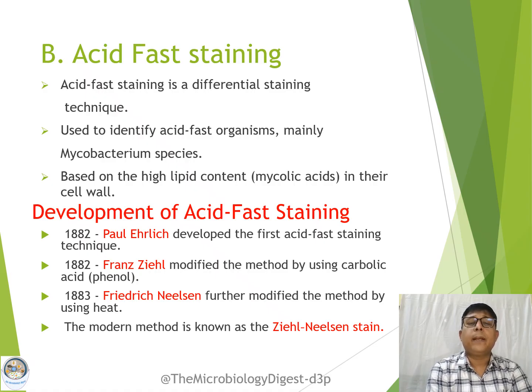If we go back to the history of this staining method, it was first developed by Paul Ehrlich in the year 1882. Later on, two scientists, Franz Ziehl and Friedrich Neelsen, modified this technique and made it more appropriate for application in microbiology. The modern method is known as the Ziehl-Neelsen staining technique.